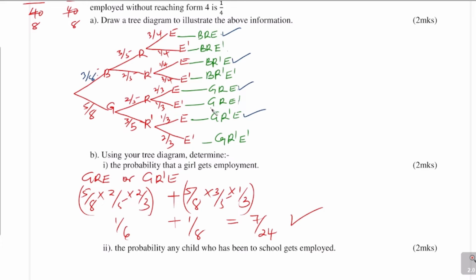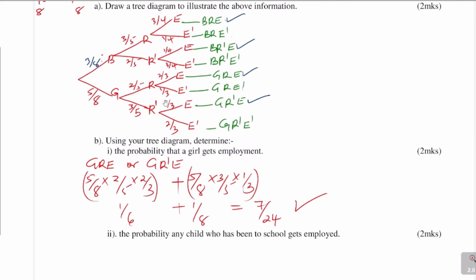So let me multiply them out. The first one is 3/8 multiplied by 3/5 multiplied by 3/4, or you add the other branch, which is 3/8 times 2/5 times 1/4.